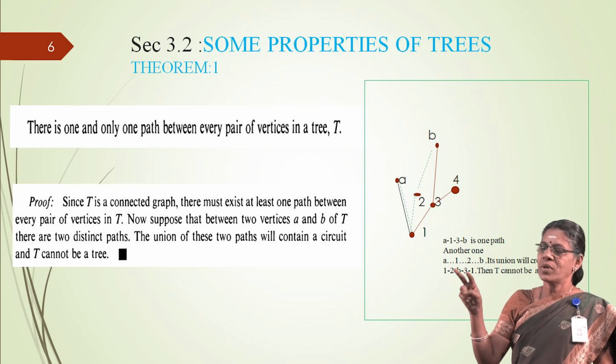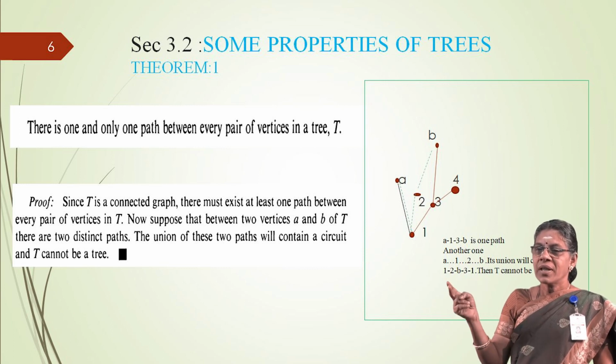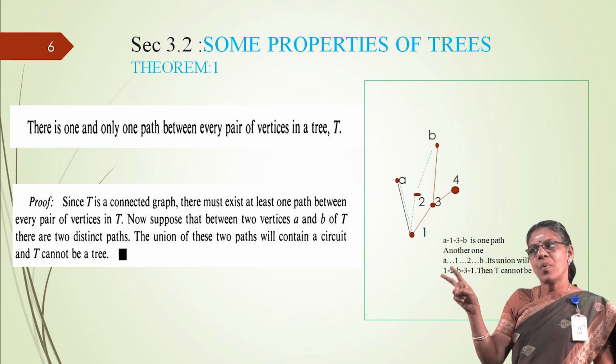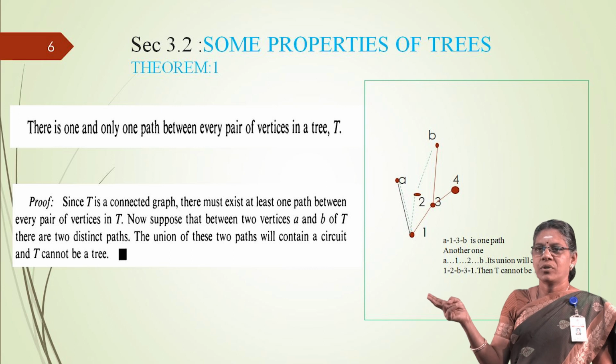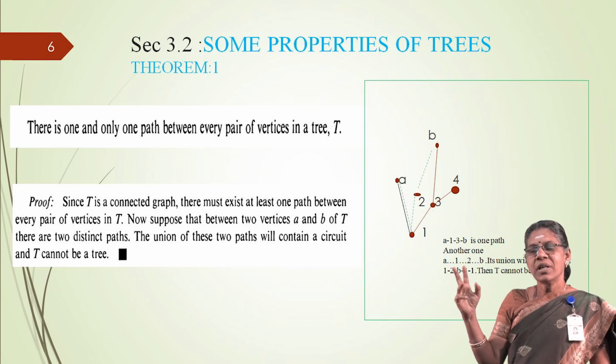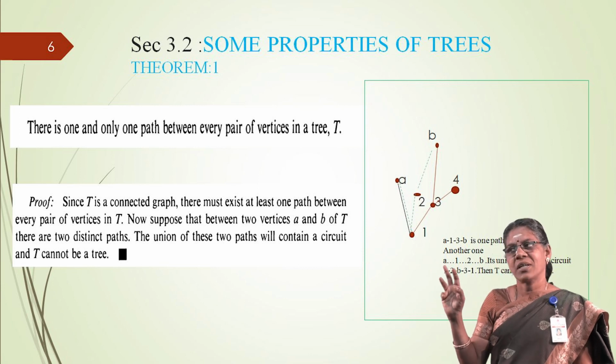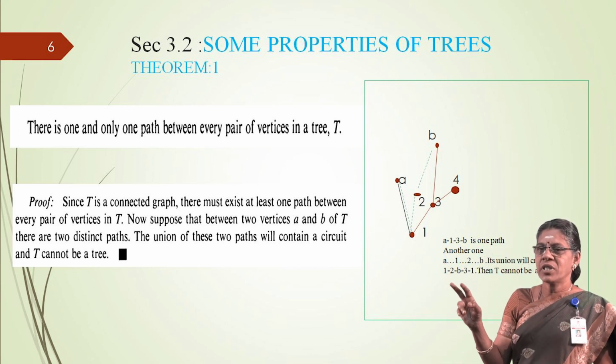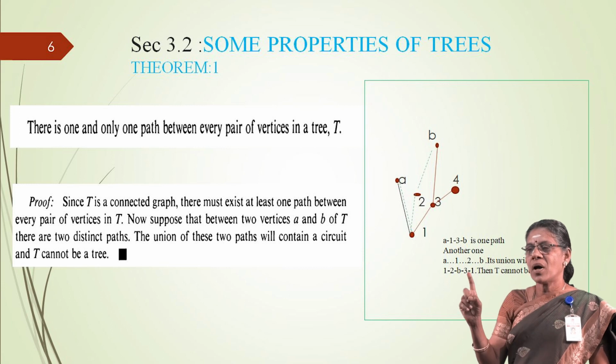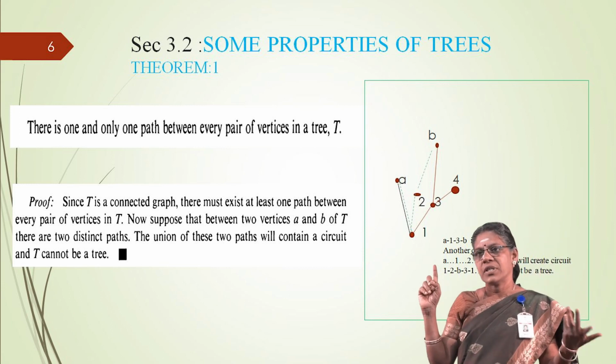Then the union of the two paths will contain a circuit. Then T cannot be a tree. A tree means a circuitless connected graph, in which there is only one path between every pair of vertices.